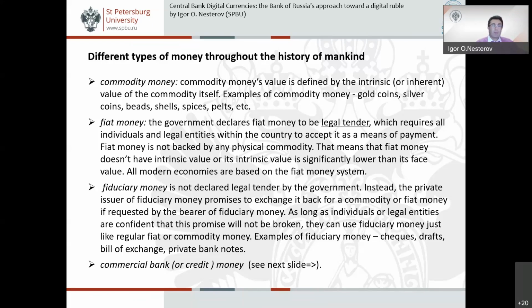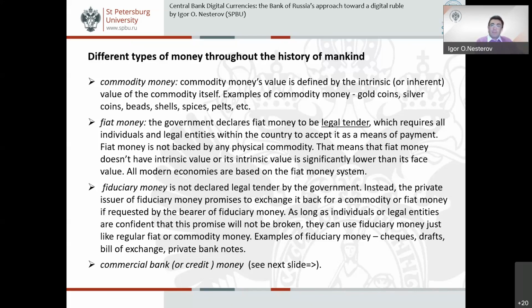So that means that the government declares fiat money to be legal tender, which requires all people, individuals, households, businesses, companies, legal entities, banks, and other financial and non-financial entities within the country to accept fiat money as a means of payment. If individuals and entities fail to accept legal tender as a means of payment, then they may be fined or even put in prison.